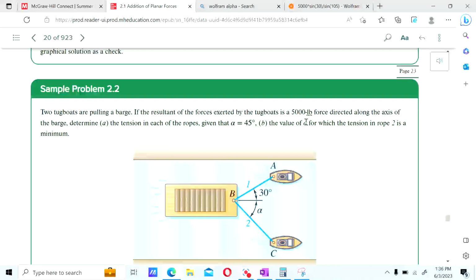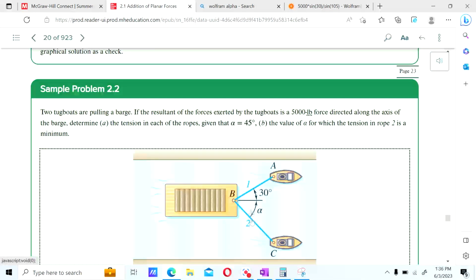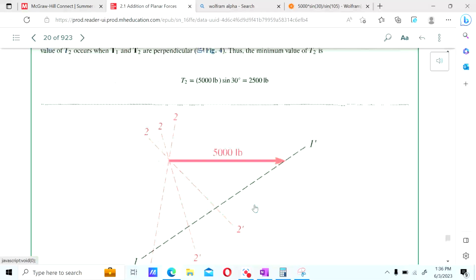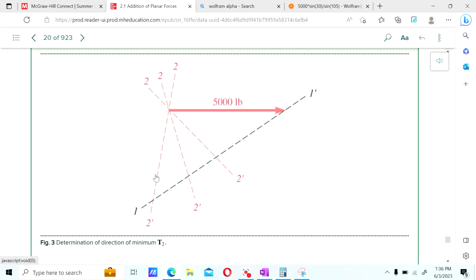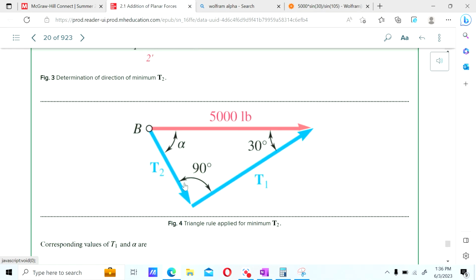It's not the minimum value of alpha, it's the angle at which the force is the minimum. So what is the force at 2 that is a minimum given the value of alpha? They're basically drawing the same drawing here. Which one is the value of 2 that we need to know?